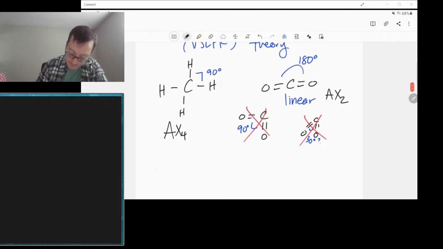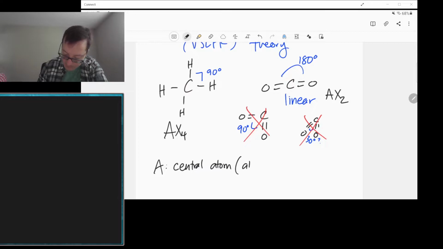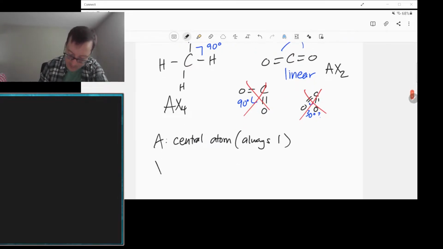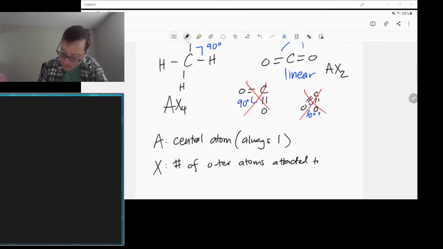A represents the central atom, and for us that's always just one thing. We just have one central atom. We're going to see X will represent the number of outer atoms attached to A, not attracted, attached to your central atom.